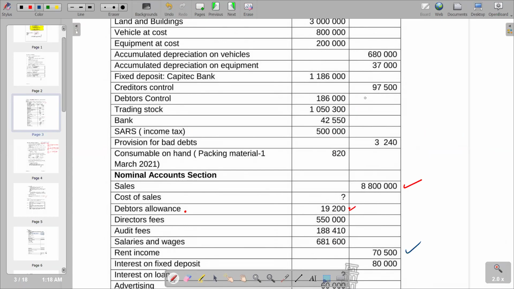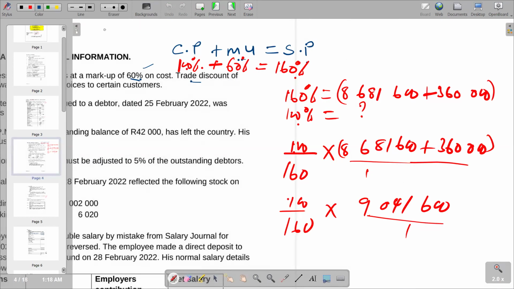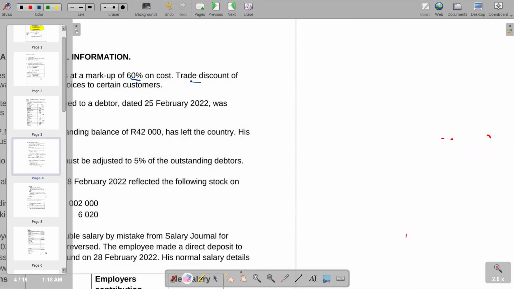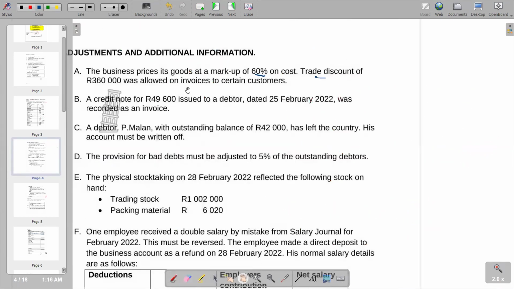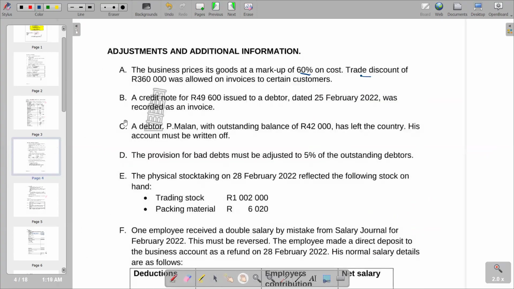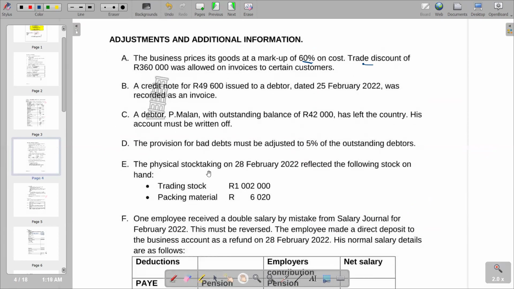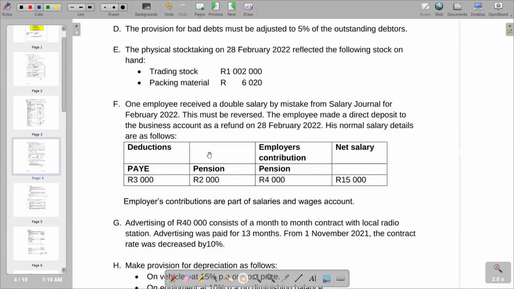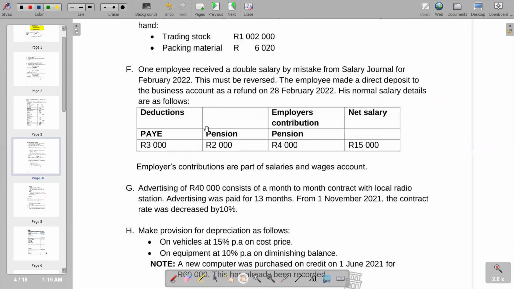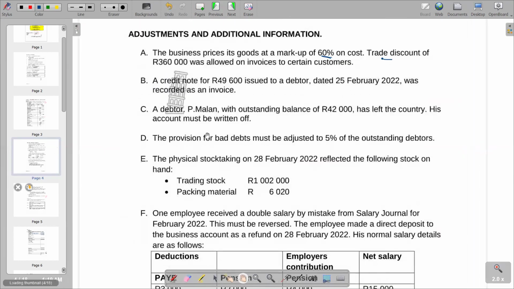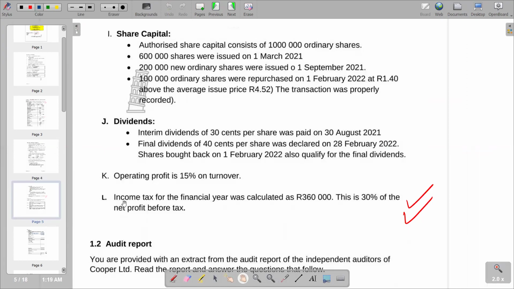And obviously, from there, we can check our additional information, going from additional information A, going down, up to information L, checking if we have anything that is affecting our rent income. You see that we do not have anything that's mentioning our rent income.